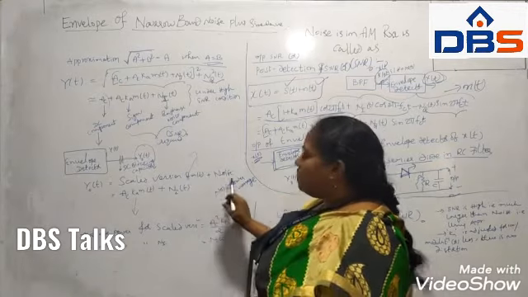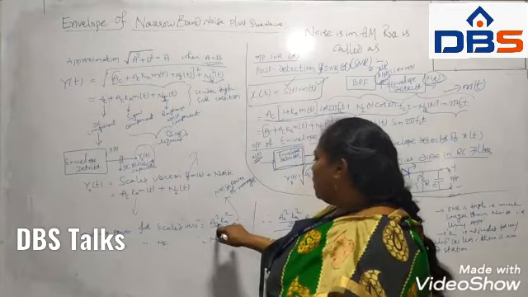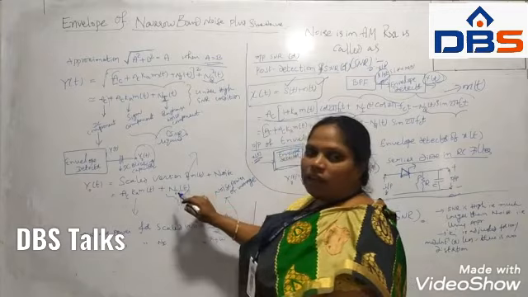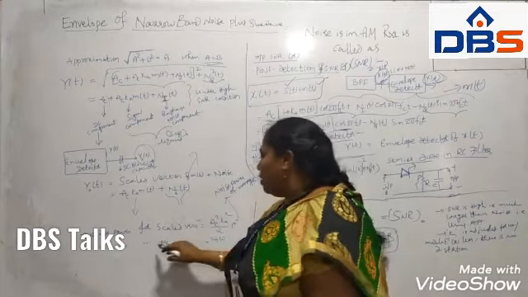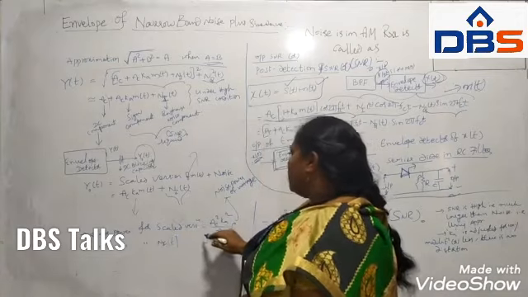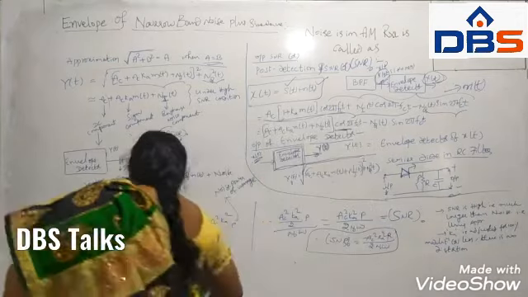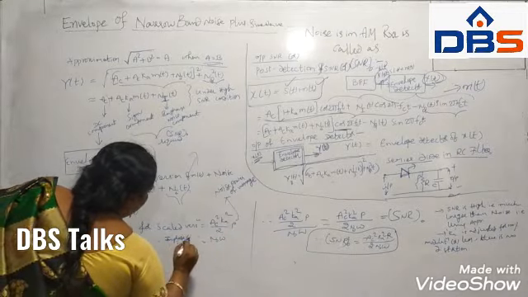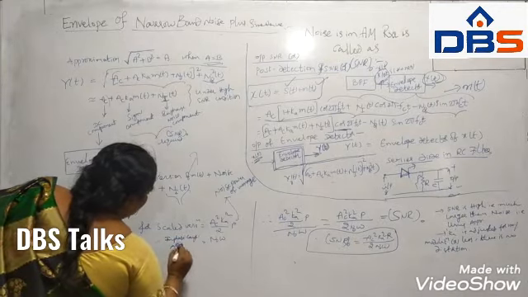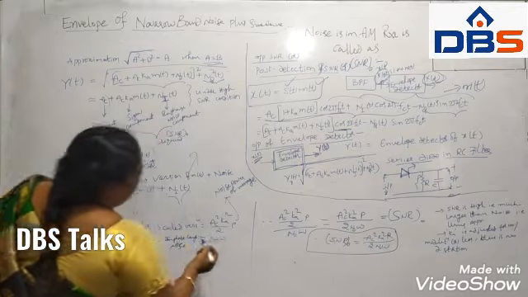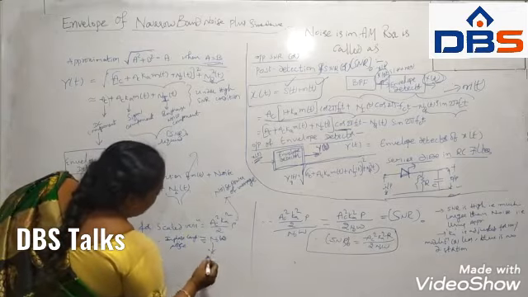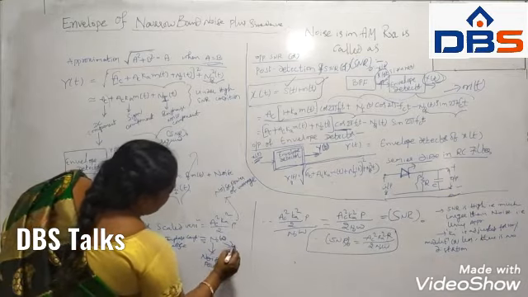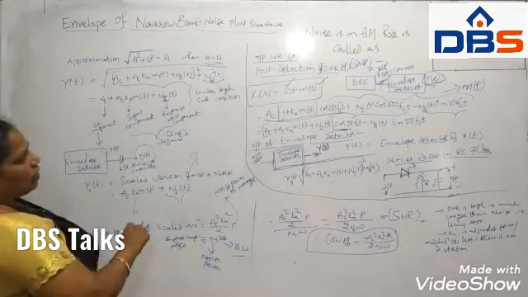And for the in-phase component noise, the average noise is equal to N naught into W. Here N naught is the noise power and W is the bandwidth. So these are the average powers.